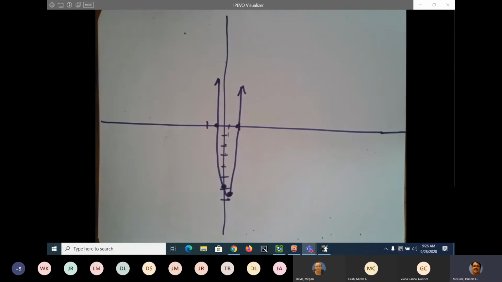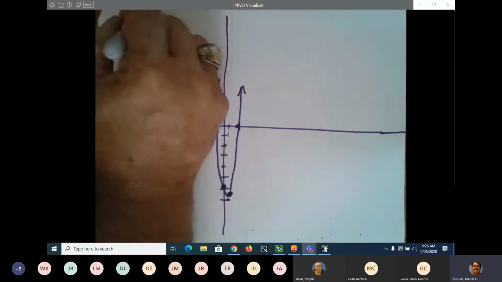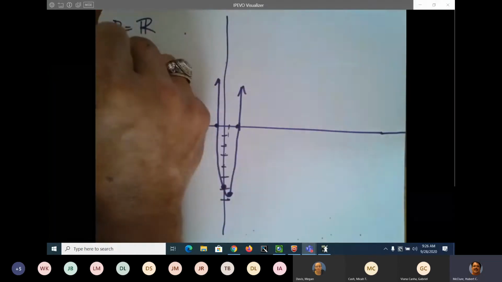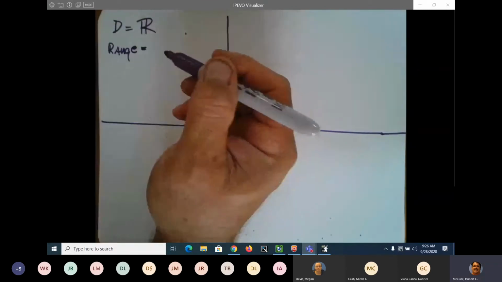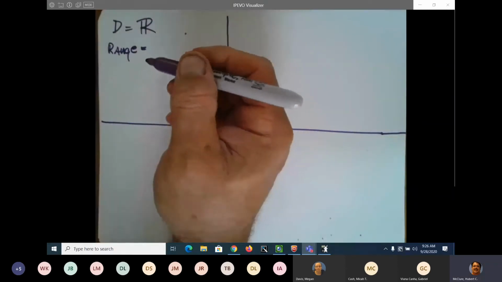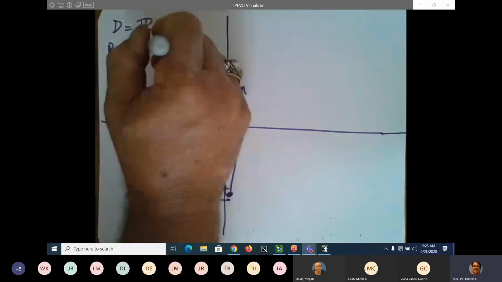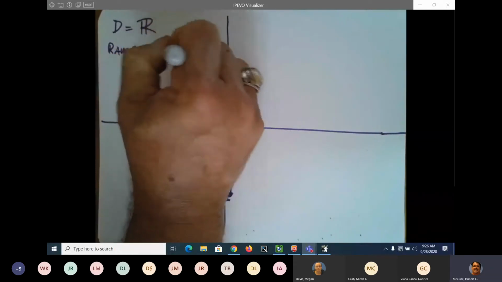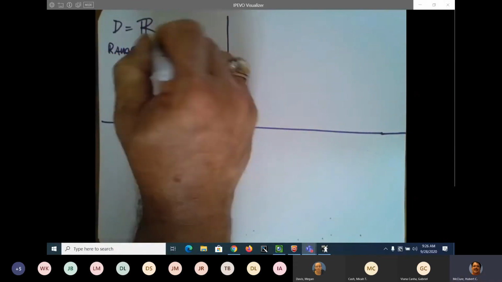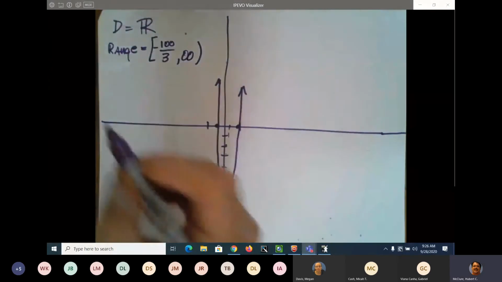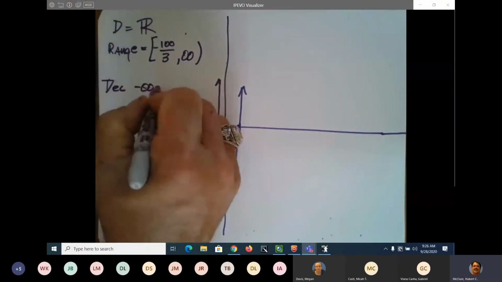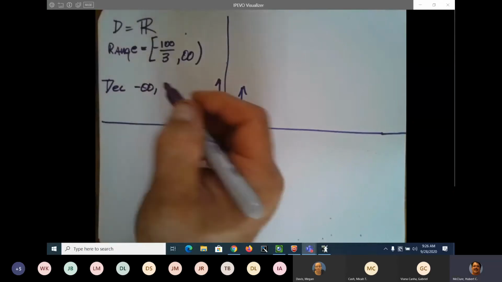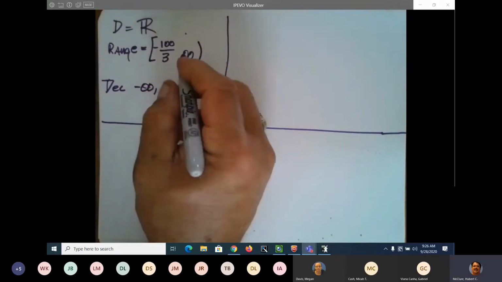So domain is all real numbers. Range is equal to negative 100/3 to infinity. Decreasing, negative infinity to 4/3.